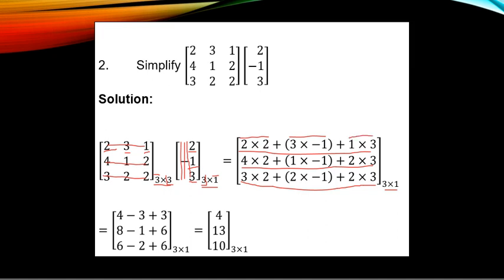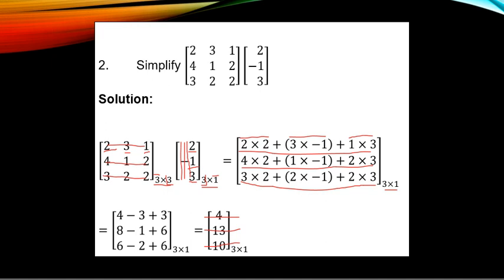So you do that for the rest of the rows. At the end, your answer is going to be 4, 13, and 10. So you have 3 rows. 4 is the first row, 13 the second row, 10 the third row. Then you have just 1 column, 4, 13, and 10.